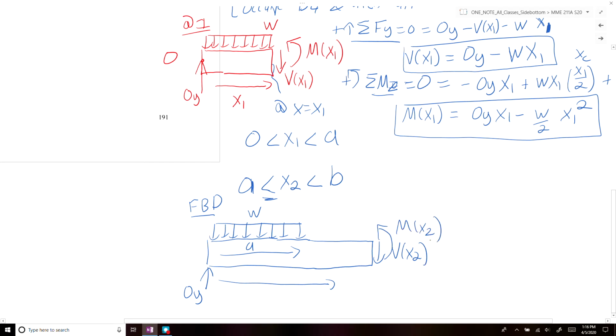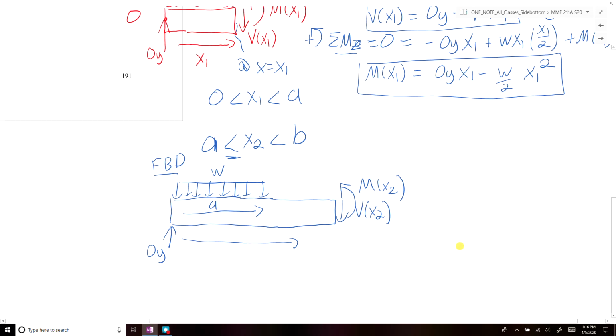Alright, so those are the loading situations in this case. So what we need to do now is solve for M of x2 and V of x2.